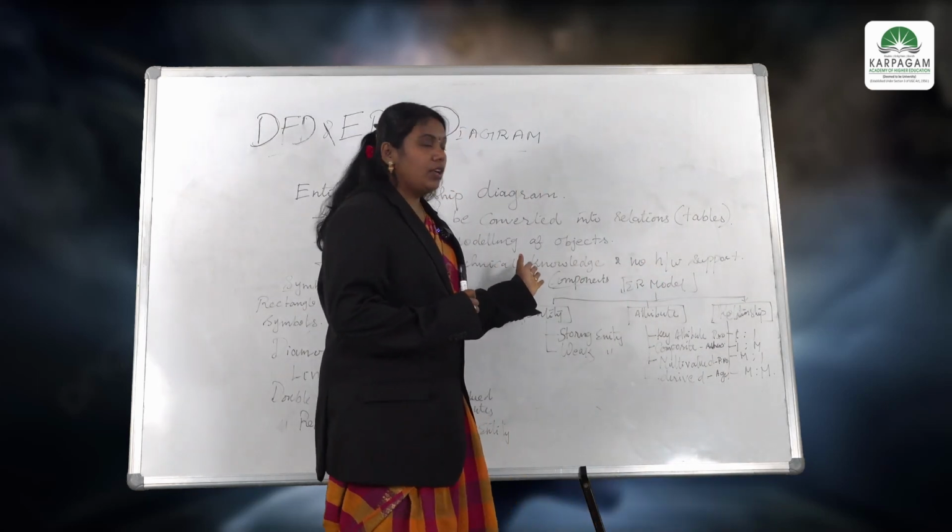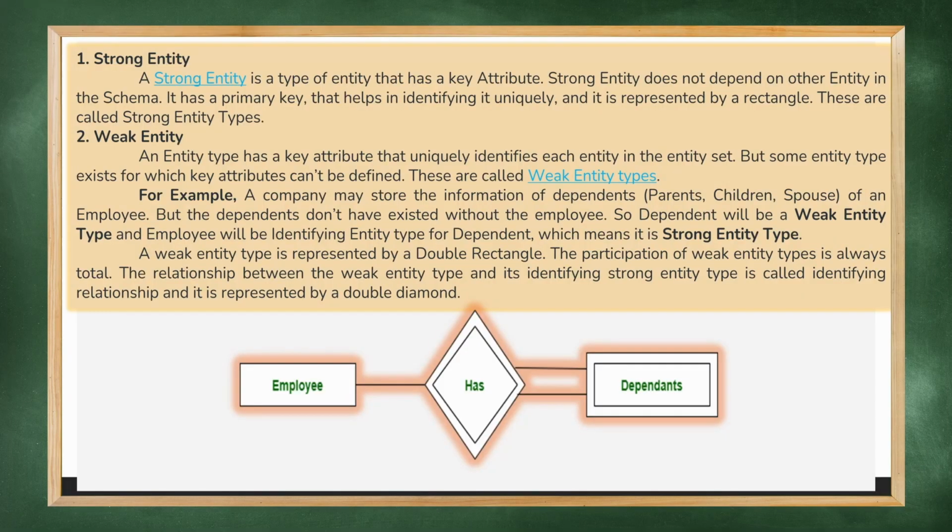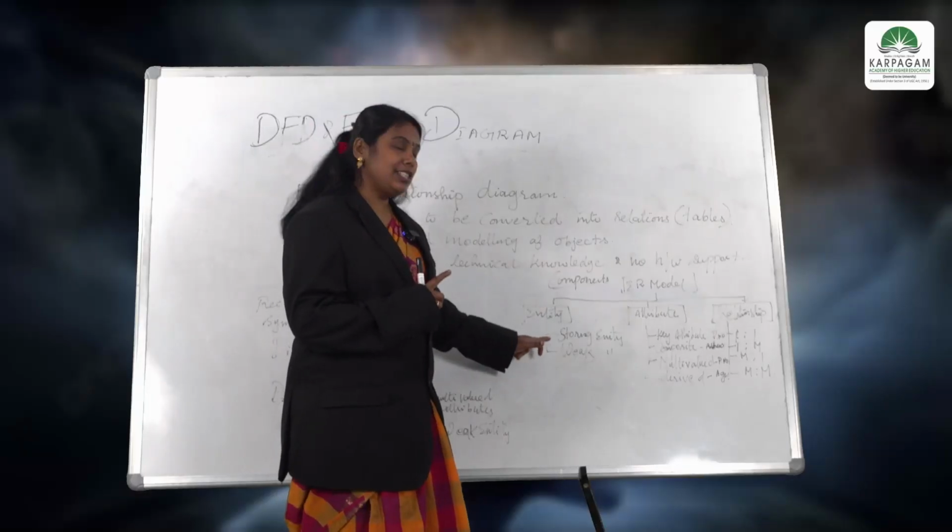Finally, we go to the components of the ER model. Mainly we concentrate on three components: entities, attributes and relationships. These three things are represented by symbols. For the entity, we represent a strong entity and a weak entity.